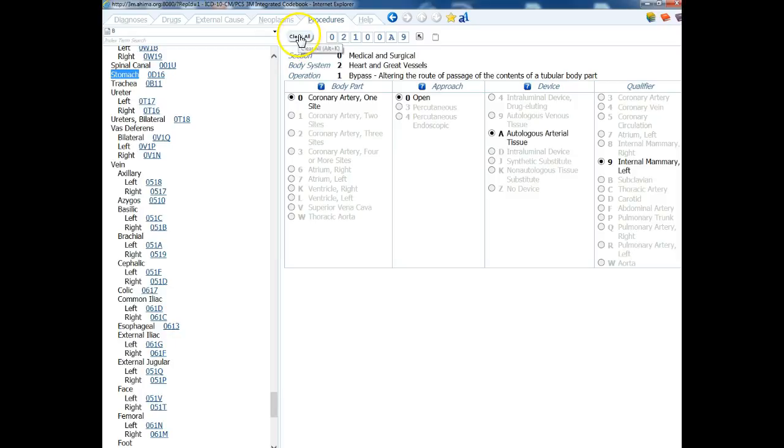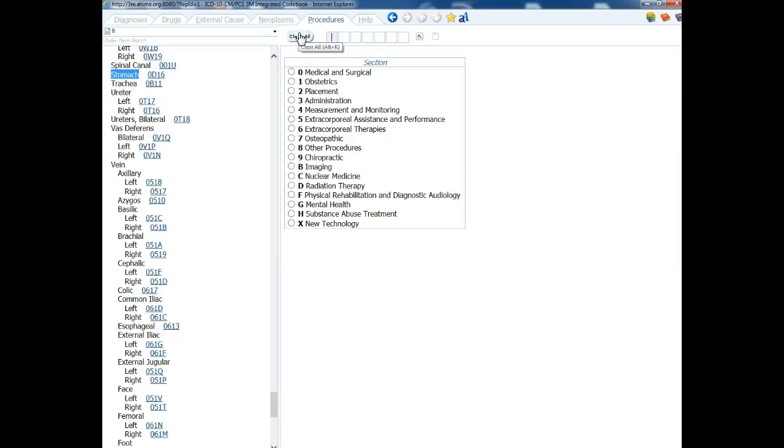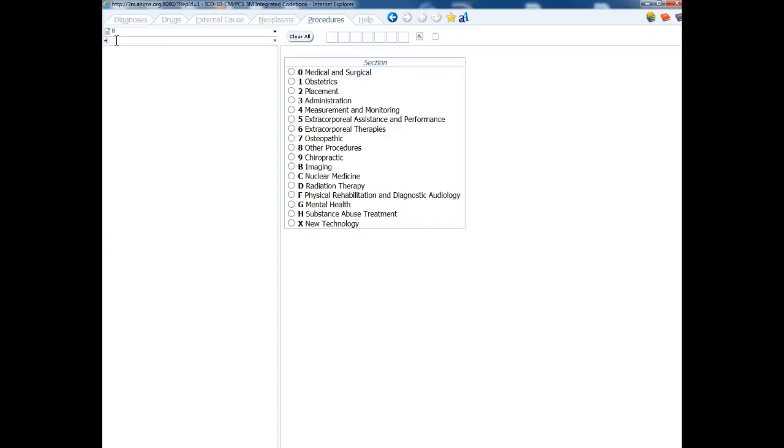And then I have to code the excision of the saphenous.